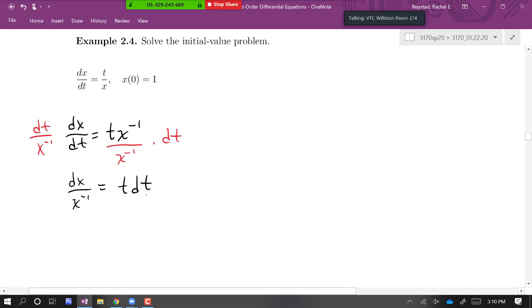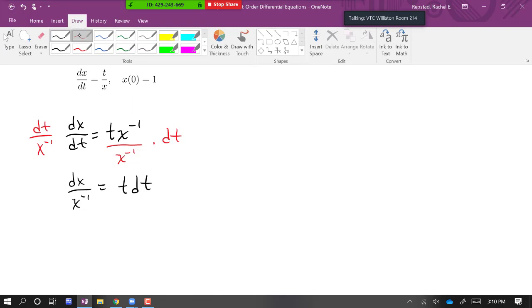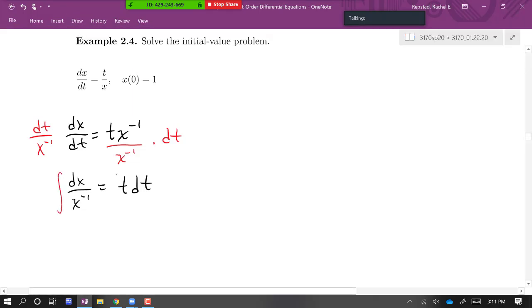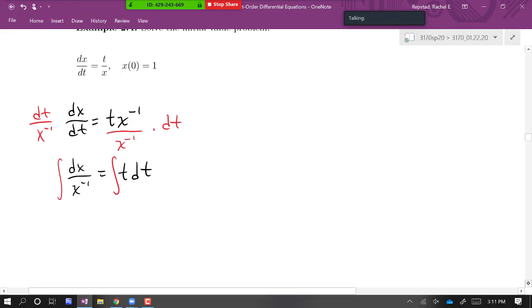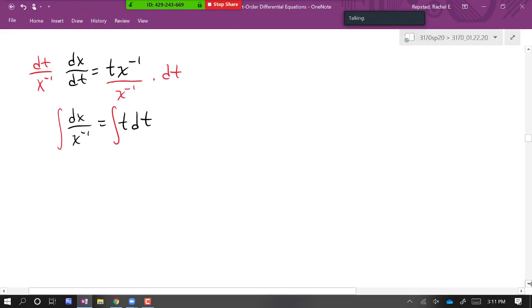Now what? Integrate, yeah. What do we get on the left? Just x squared over 2, right?